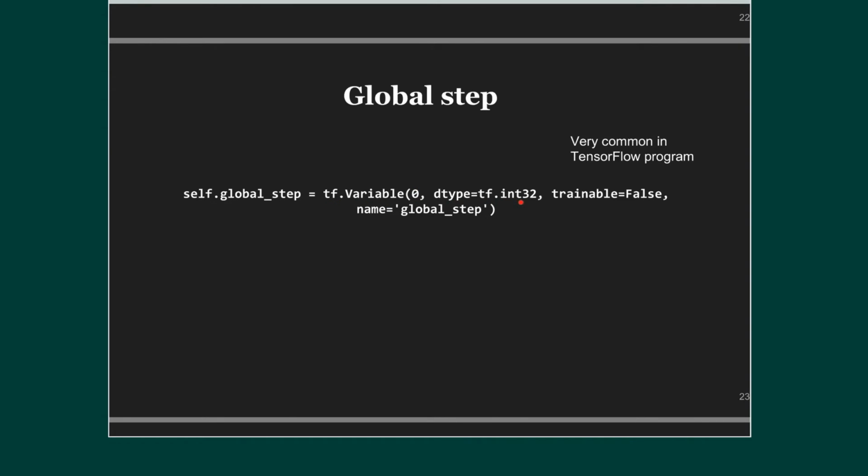It's int32. Important thing is it's not trainable. You do not want it to be trainable. You don't want backprop to run into that, because this is just a counter, and you will give it the name global_step, or any name that you'd like.